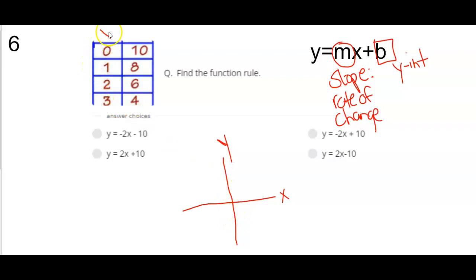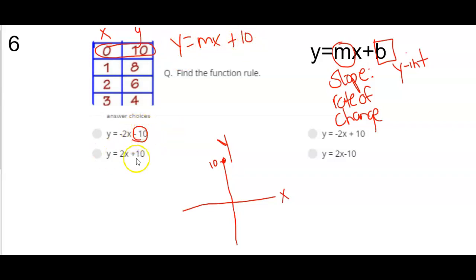So we want to look at our t-table, and first we want to say, okay, when x is 0, what does y equal? So we have a point at 0, 10. That is our y-intercept because that touches the y-axis. So we know that our b value for our equation has to be a positive 10.